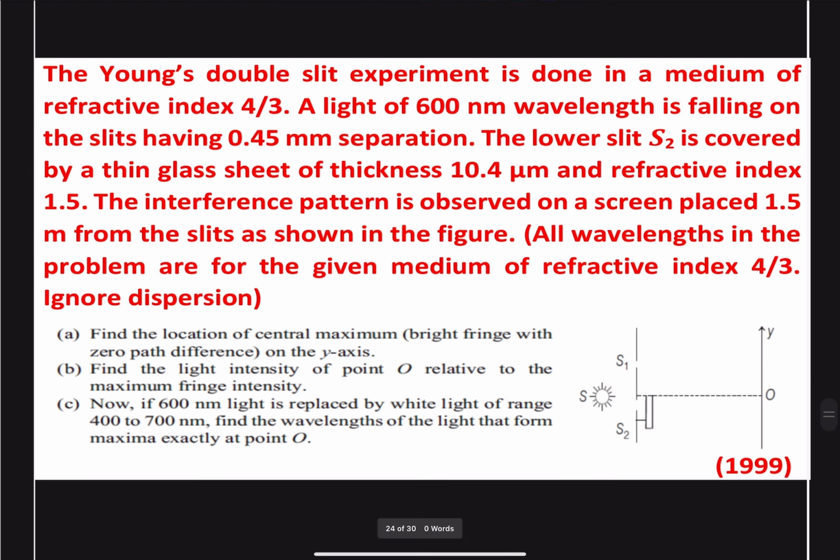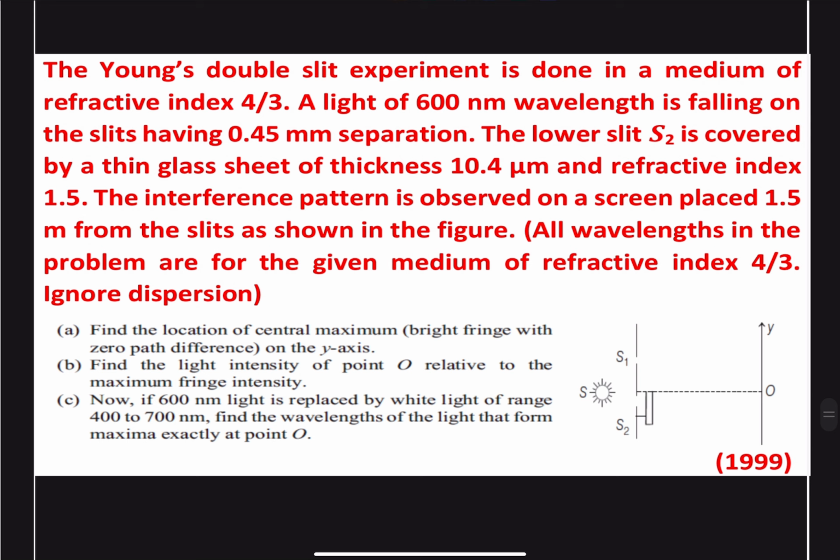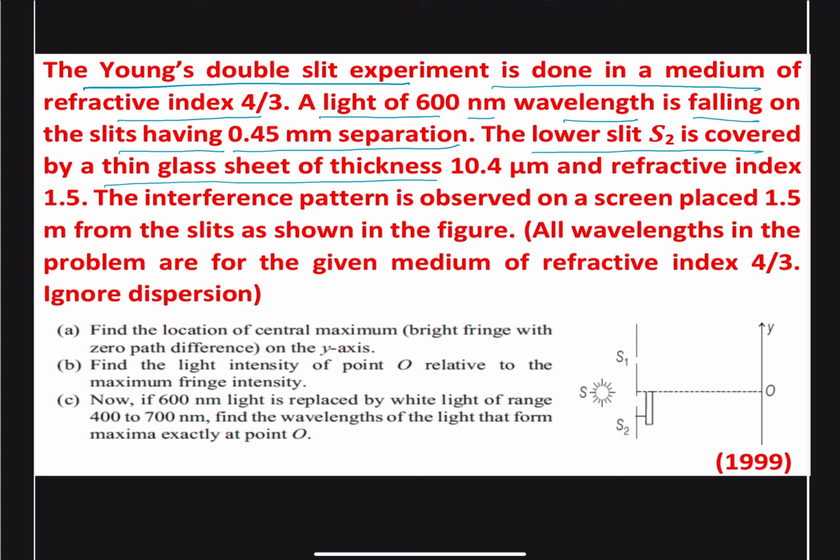And it was asked that the Young's double slit experiment is done in a medium of refractive index 4/3. A light of 600 nanometer wavelength is falling on the slits having 0.45 millimeter separation. The lower slit S2 is covered by a thin glass sheet of thickness 10.4 micrometer and refractive index 1.5.